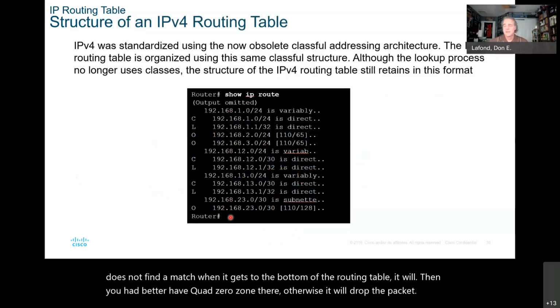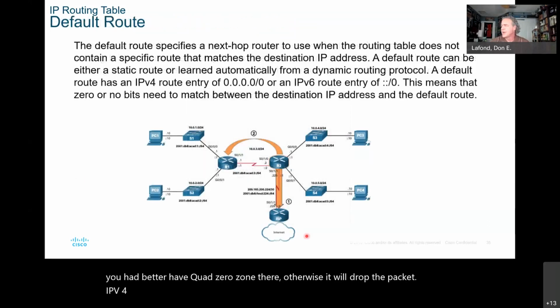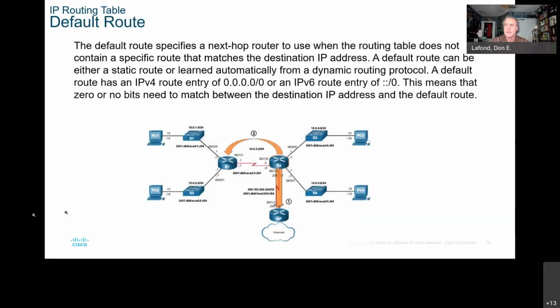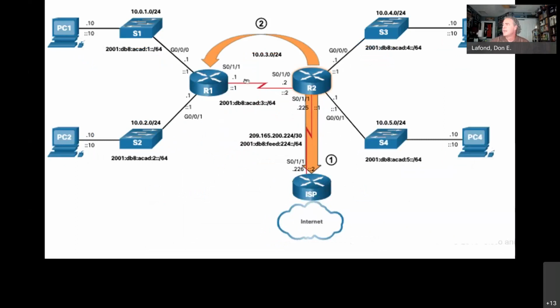For IPv4, let me zoom in a little bit, they just show that R2 could have a default route to R1.